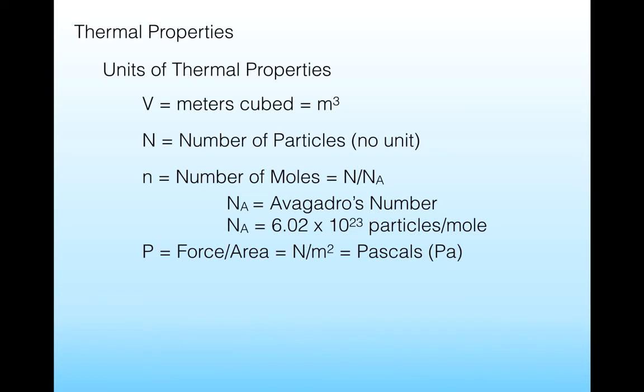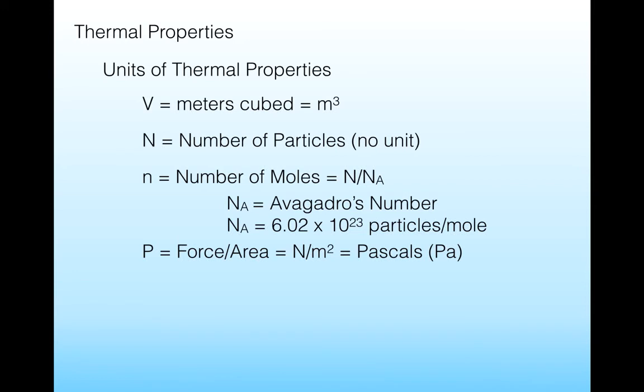The pressure is a very interesting property because it's equal to the force per unit area, and it has units of newton per meter squared. Newton per meter squared is also called pascals, denoted as capital P, little a. When you talk about pressure in this class, we need to use pascals.